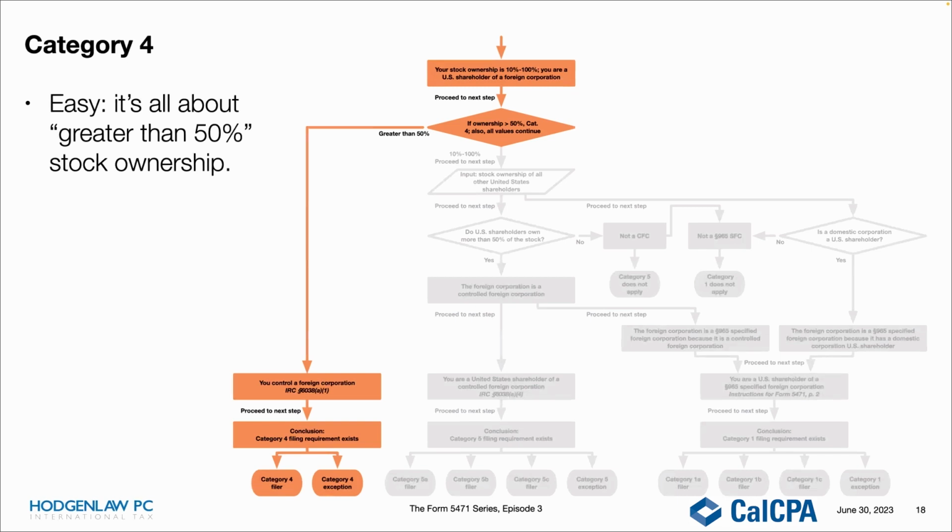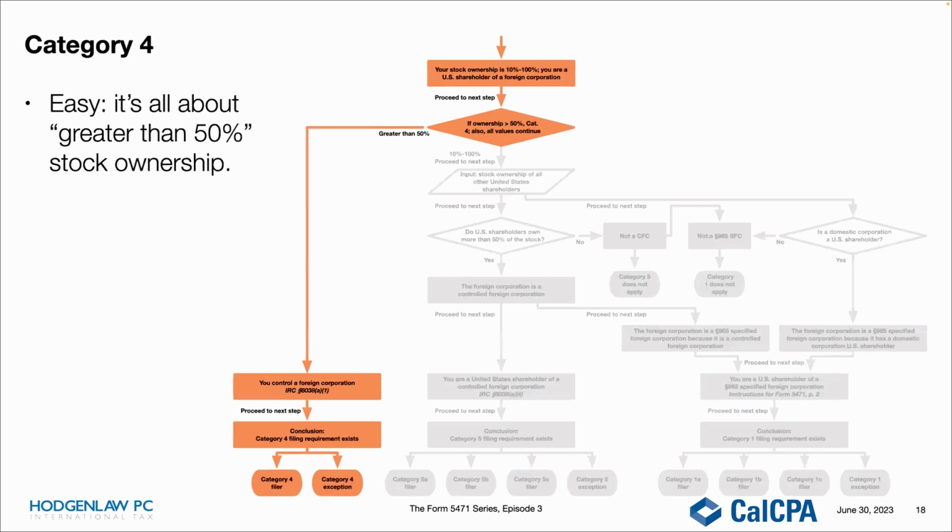If it's more than 50%, then you are treated as if you, quotes, control, close quotes, a foreign corporation. Section 6038A1 says that and imposes the filing requirement. We conclude as a matter of tax compliance that category 4 filing requirements exist, and either you're going to file or you're going to file an exception, and either of those will extinguish the category 4 filing requirement that exists for you.